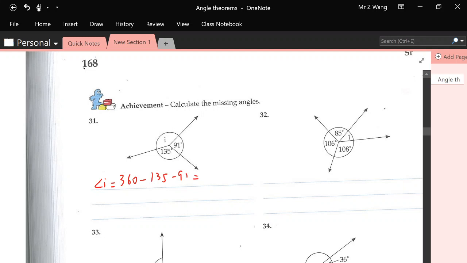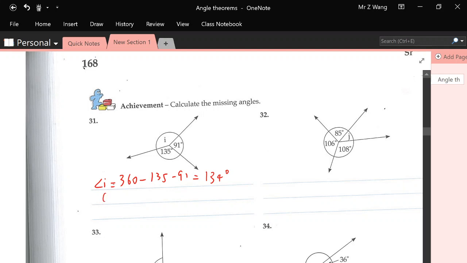This is a bit of work. 225, 225 minus 90 is 135, so 134 degrees.